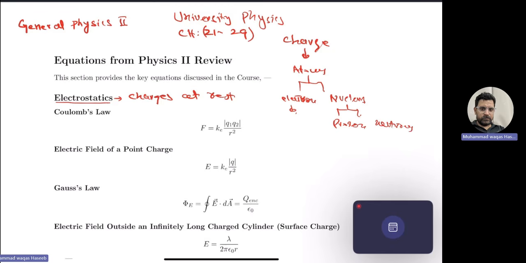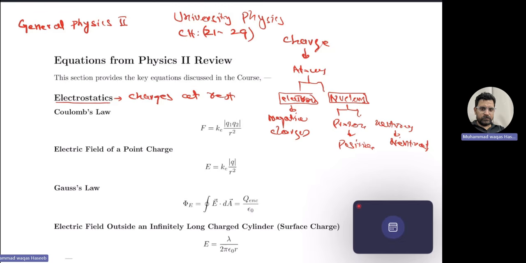Electrons are negatively charged particles, the proton is a positively charged particle, and the neutron is a neutral particle. It has no charge. So these are the fundamental particles of which bodies are made.